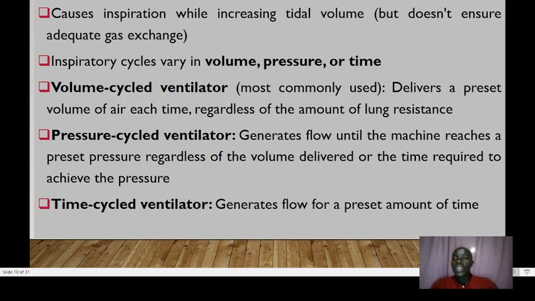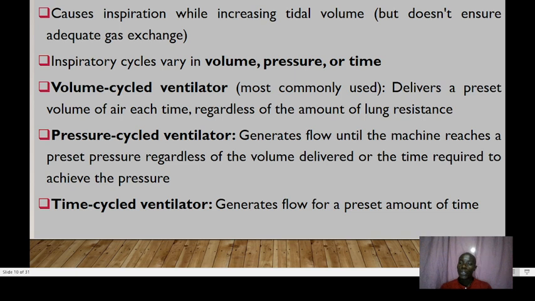Okay, so ventilation causes inspiration while increasing the tidal volume. It helps increase the tidal volume, but doesn't ensure adequate gas exchange. We also have inspiratory cycles, which do vary in volume, pressure, or time.